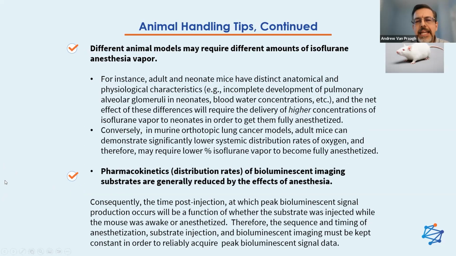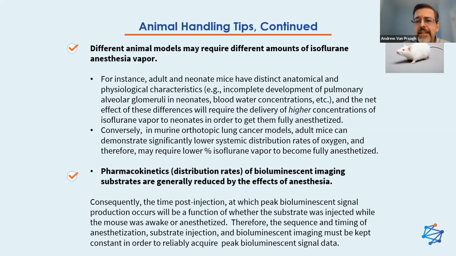An interesting aspect of anesthesia is that very similar animals, in fact, animals within the same species, may not respond to anesthesia exactly the same way. For instance, neonate mice and their adult analogs respond to anesthesia in notably different ways.